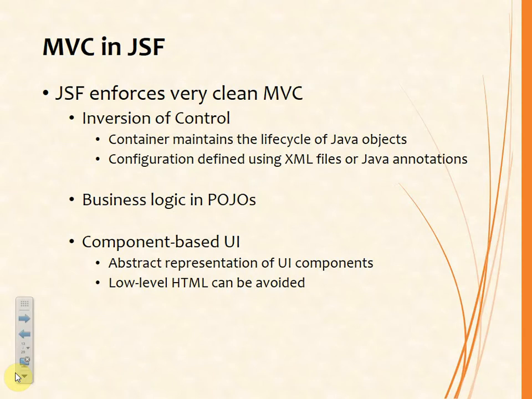And the component-based user interface, again, very clean separation of responsibilities. The facelets that are defined in the XHTML files contain UI components that have been defined elsewhere. That's why we use the XML namespace annotation on the HTML tag to make those libraries, those tag libraries, available to our facelets.